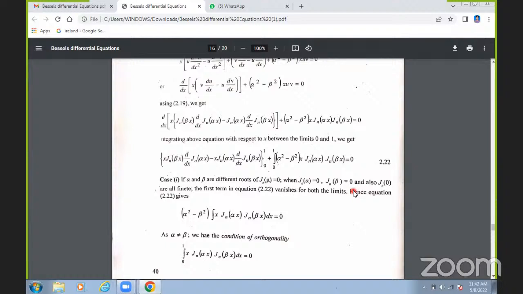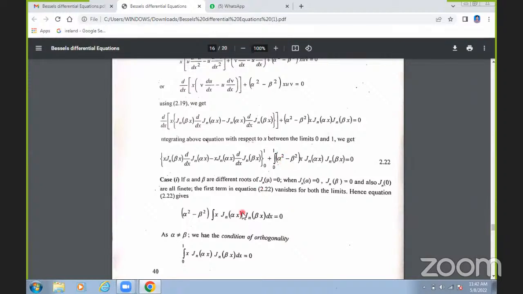Taking these conditions, Jn of alpha equal to 0 and Jn of beta equal to 0, we substitute in this equation. In this, the first term of the equation vanishes for these limits. So the final equation which we are going to get is alpha square minus beta square, integration of Jn of alpha x, Jn of beta x.